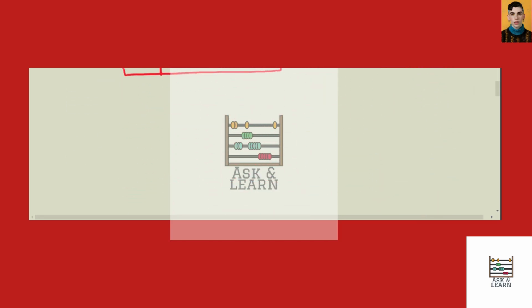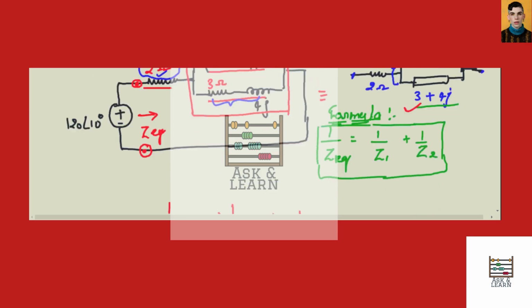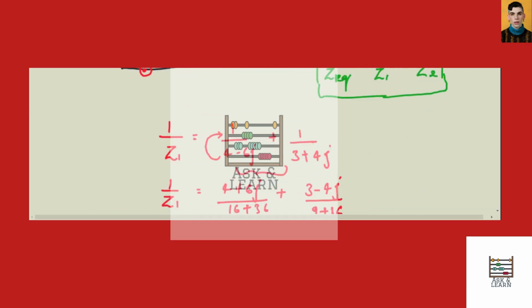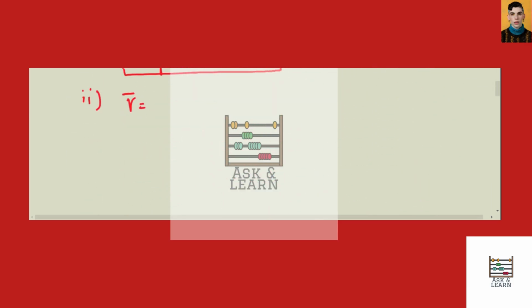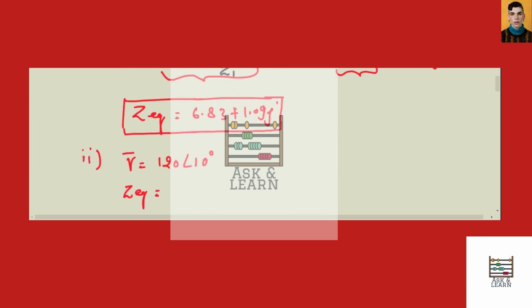We have the voltage vector, which is 120 angle 10 degrees, and the value of Z equivalent is 6.83 plus 1.09 J, right? These two values we already know from the question.